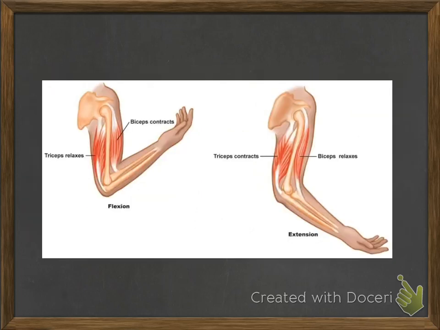So if we look at this next picture here, you can actually see here in elbow flexion, the bicep contracting and the tricep relaxing. Whereas the opposite here in extension, you can see the bicep clearly relaxing. It's different to the first picture and the tricep contracting.